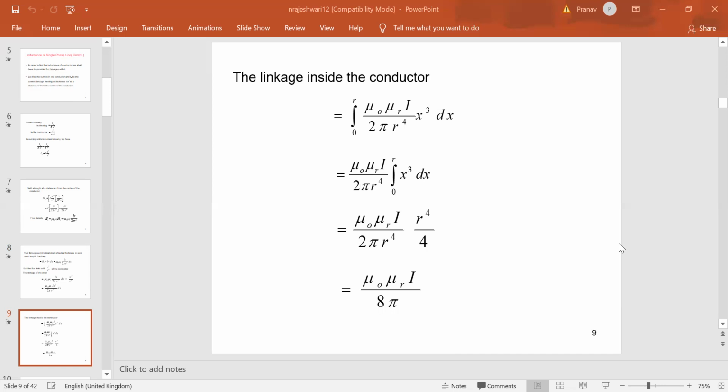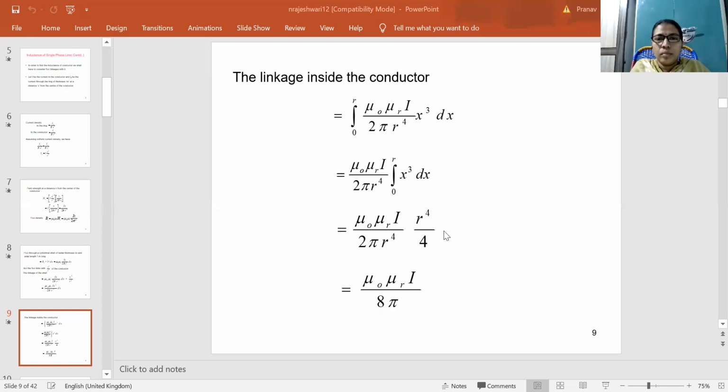we have mu naught mu r I by 2 pi r power 4 times the integral from 0 to small r of x cubed dx. By integrating x cubed dx, we will get x power 4 by 4, because the integration of x cubed is x power 4 divided by 4.